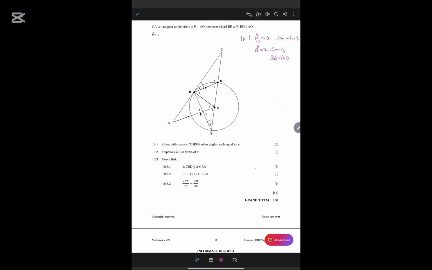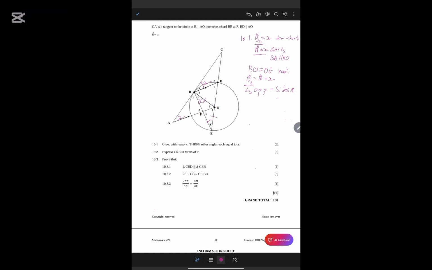The third angle, so we also know that A is x. But when you look at triangle BOE, that is an isosceles triangle because BO is equal to OE, the radius of the circle.